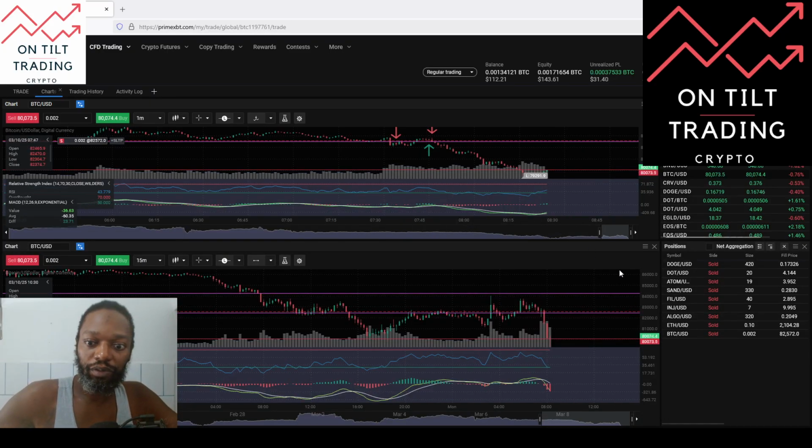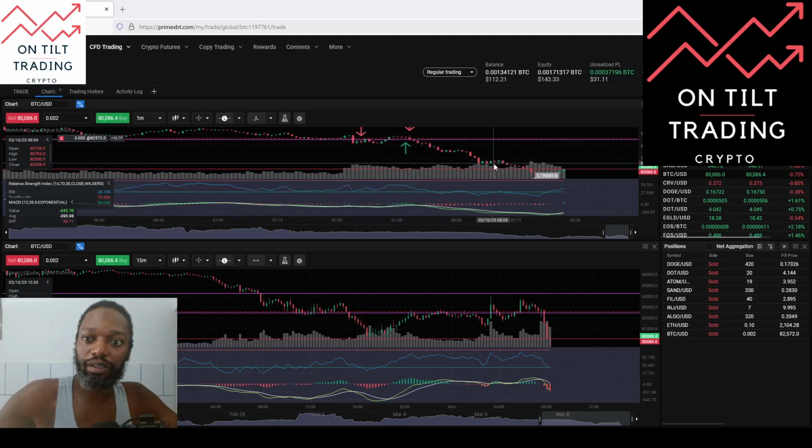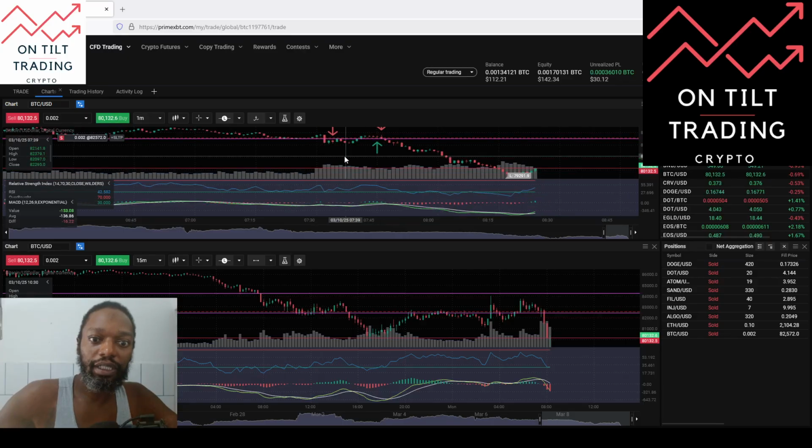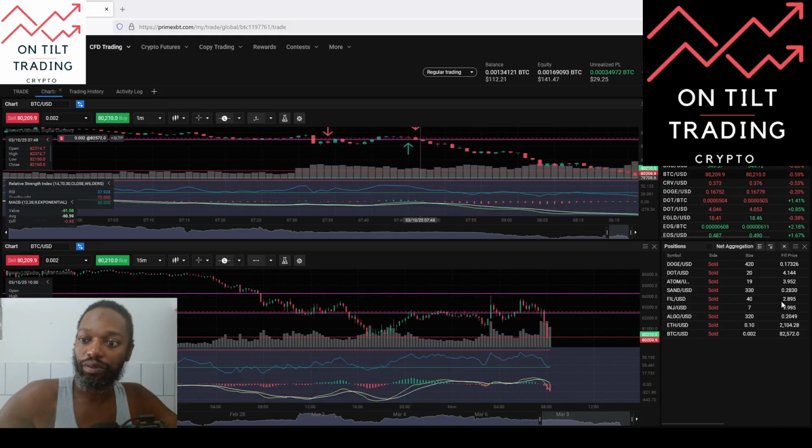Okay, same thing with Bitcoin that I was mentioning with Ethereum. These trades were taken at the same time. We can see here, got some pullback.